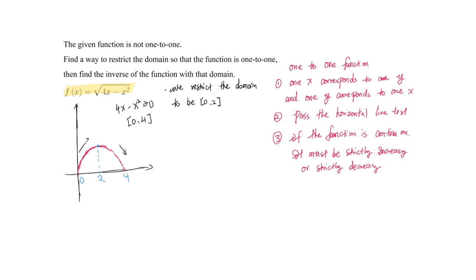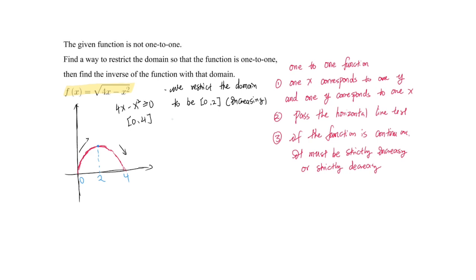So from 0 to the top point or turning point of 2. So it's strictly increasing, okay, goes up. And the way we find the inverse function is like this. So let me write this.